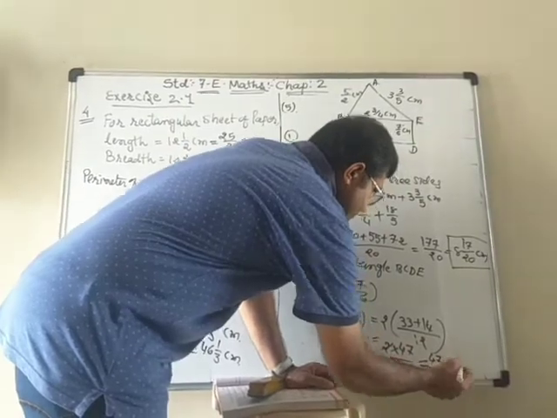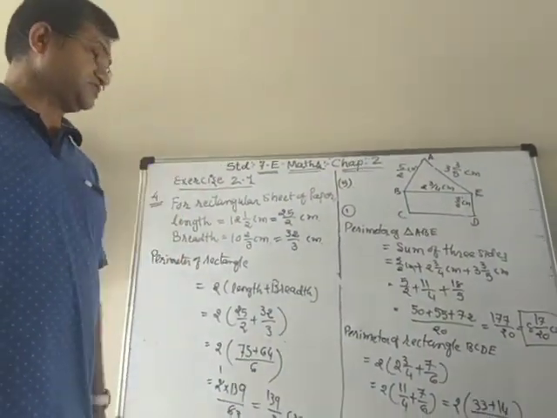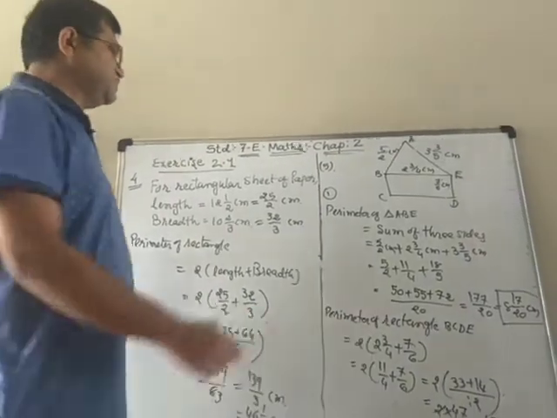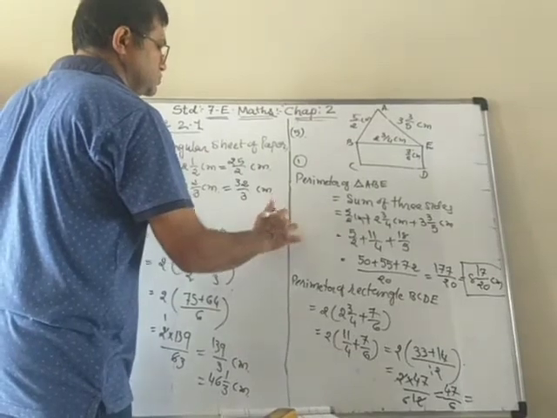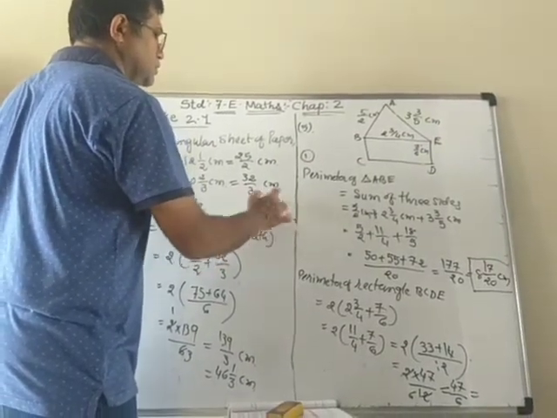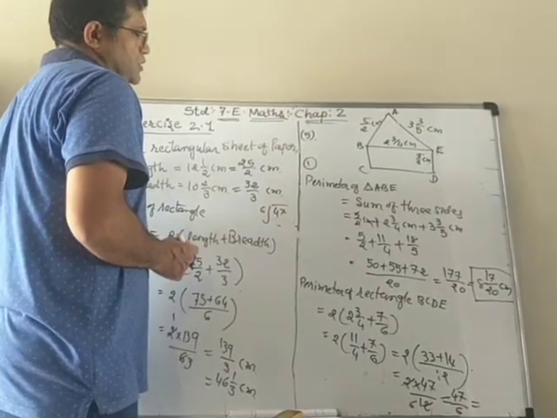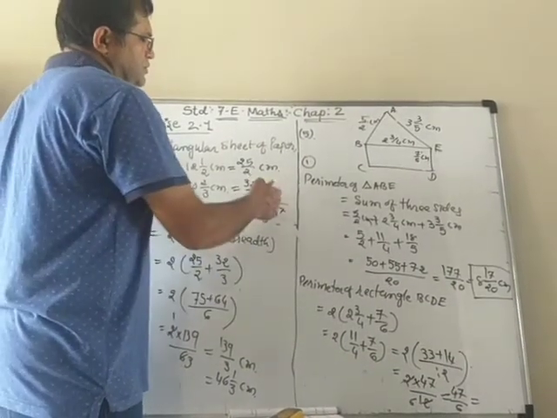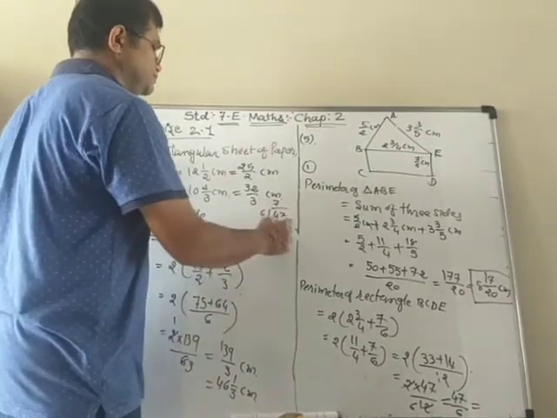But again we have to convert it into a mixed fraction. So 47 divided by 6. 6 7s are 42.